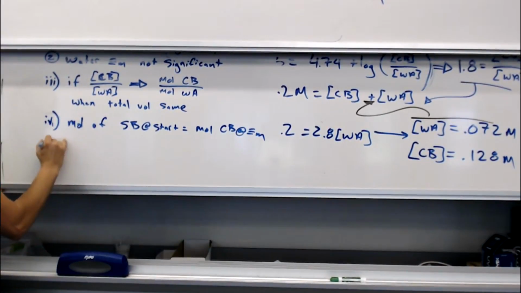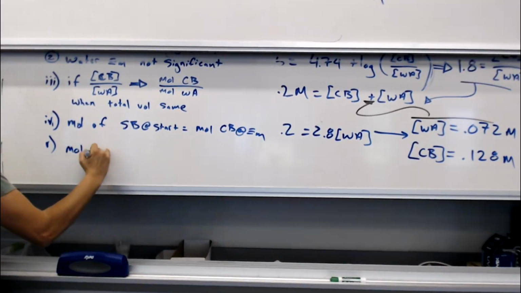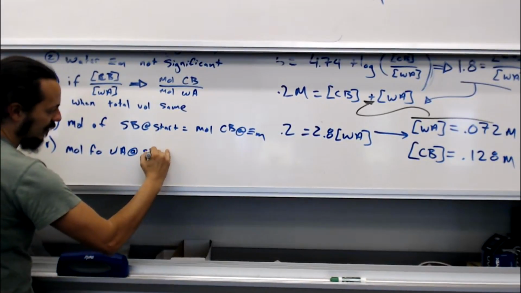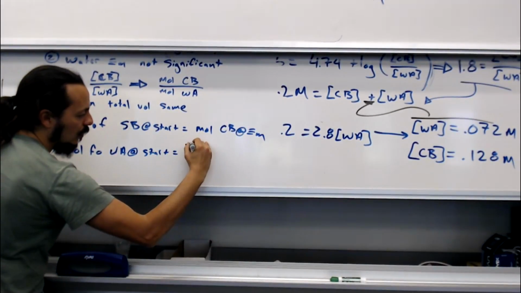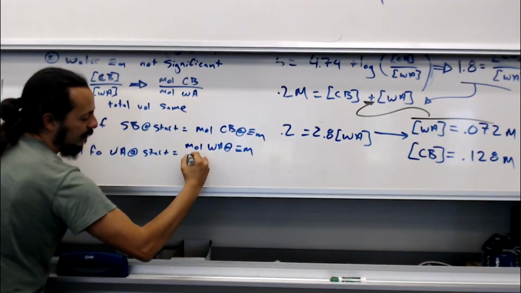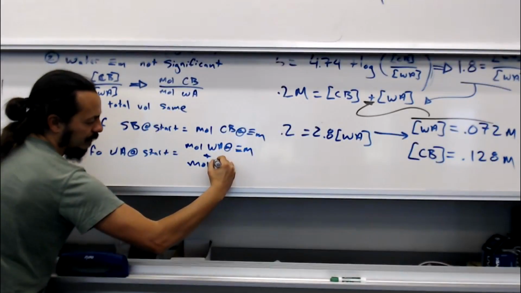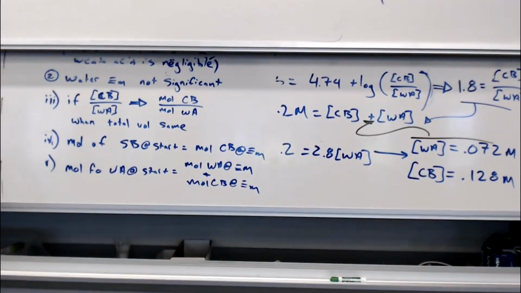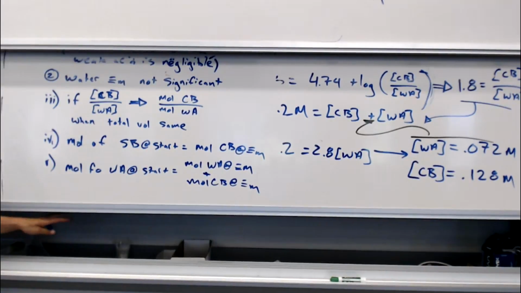That's 4, and then 5 was moles of weak acid at start equals moles of weak acid at equilibrium plus moles of conjugate base at equilibrium. Right, and both of those things really came from the stoichiometry that I just erased. They're not really assumptions, they were just tricks that made it so we didn't have to do the stoichiometry table over and over and over again when it was the same thing every time.